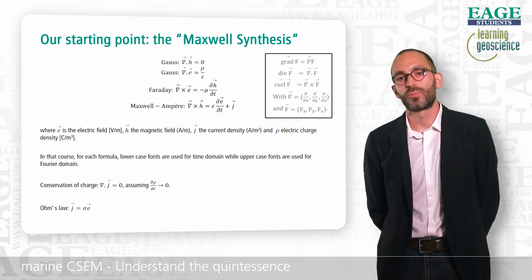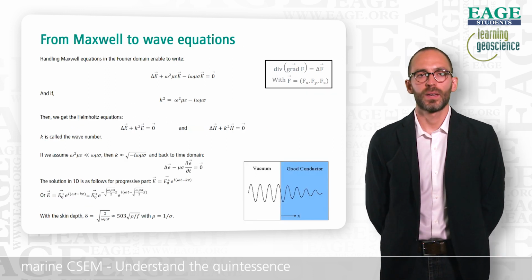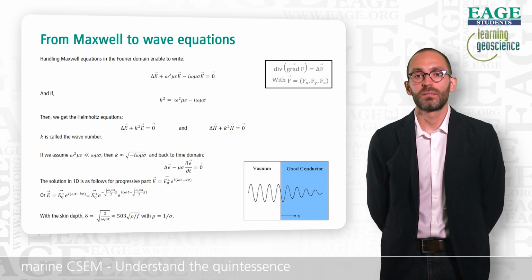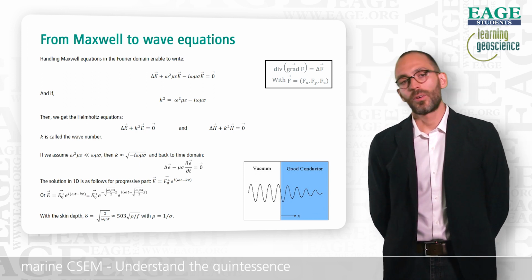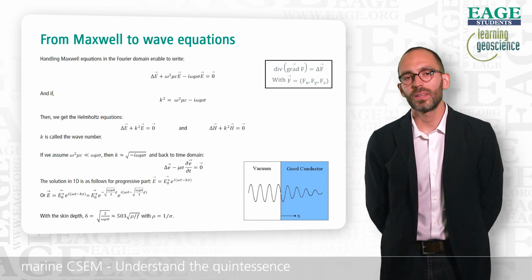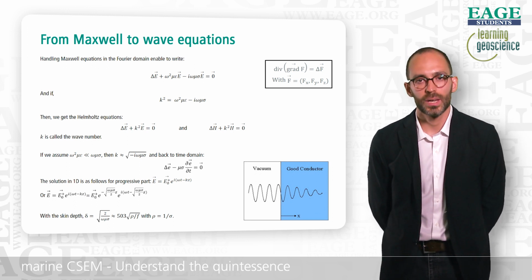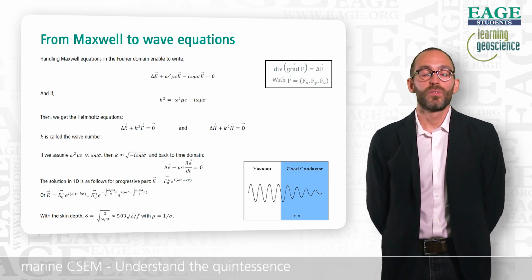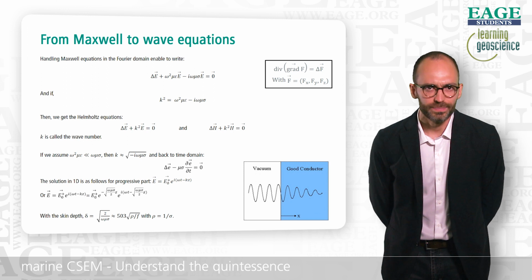exploration and production sector. If we handle the Maxwell's equations and play with mathematical operators, taking the curl of the time variant equation, linking time and space, we end up with such an equation on the top of the slide. And the delta symbol refers to the Laplacian operator.